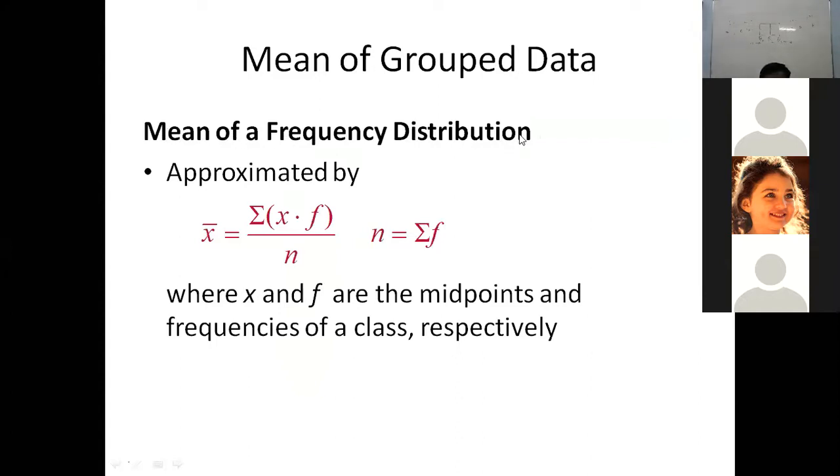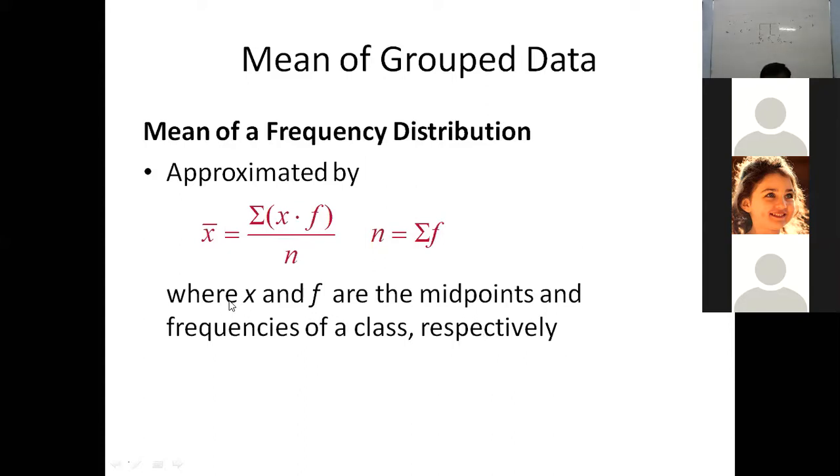So, the mean of a frequency distribution. Now how do we find the mean for a frequency distribution? If you have a frequency table, how do you find the mean of the distribution? It is approximated by the summation of x into their frequency, the whole thing divided by n, where n is the summation of overall frequency, and x and f are the midpoints and frequencies of a class respectively.